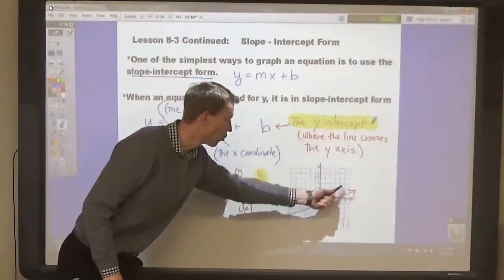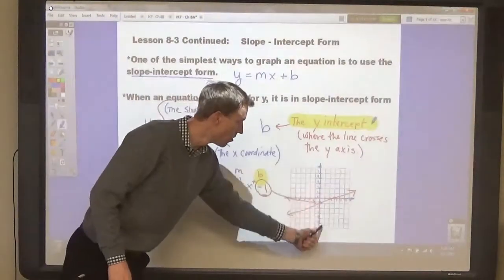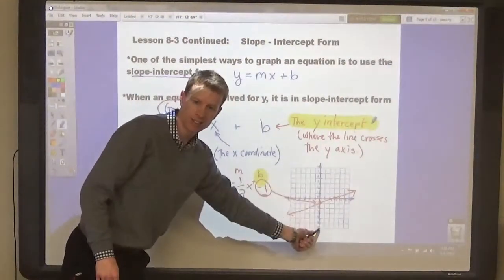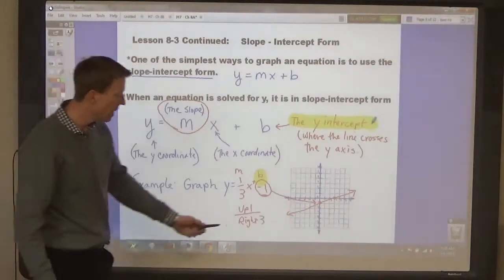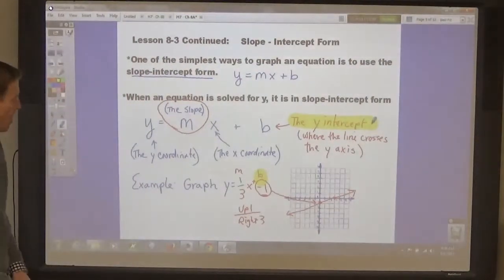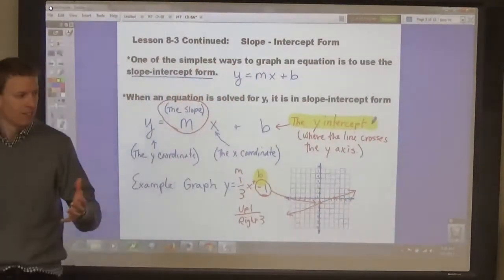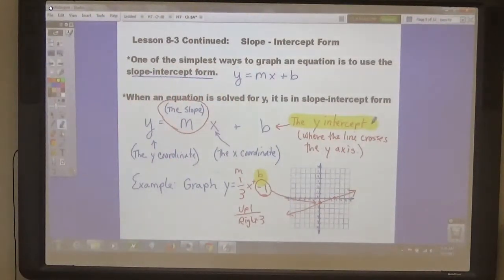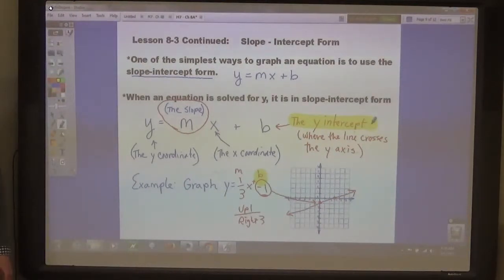Wherever the line that you draw crosses the y-axis is called the y-intercept. It's where it intercepts, or intersects, that line. Whatever point that is called the what? Y-intercept. Yep.